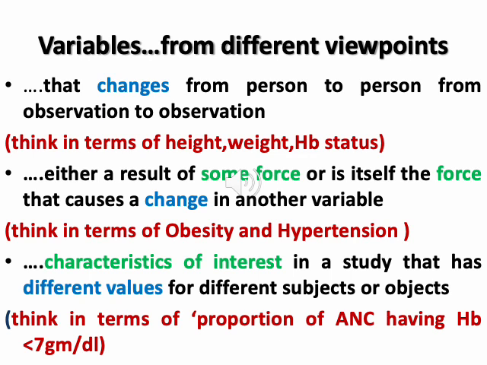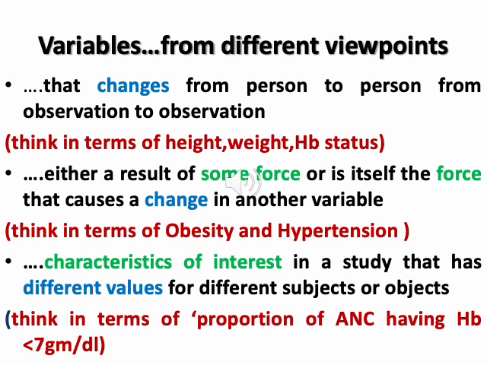Without knowing anything else, if I ask who will have the more probability of getting affected by hypertension? Definitely the person with the higher BMI. So the first variable here is obesity, in terms of BMI, and another variable is systolic blood pressure. So BMI is forcing systolic blood pressure to change.